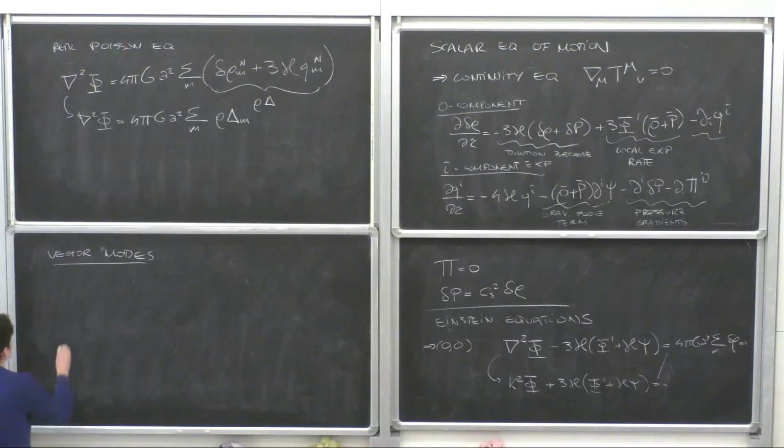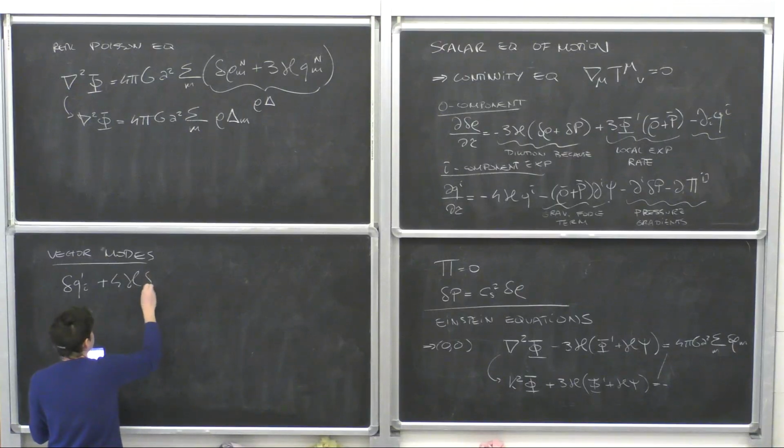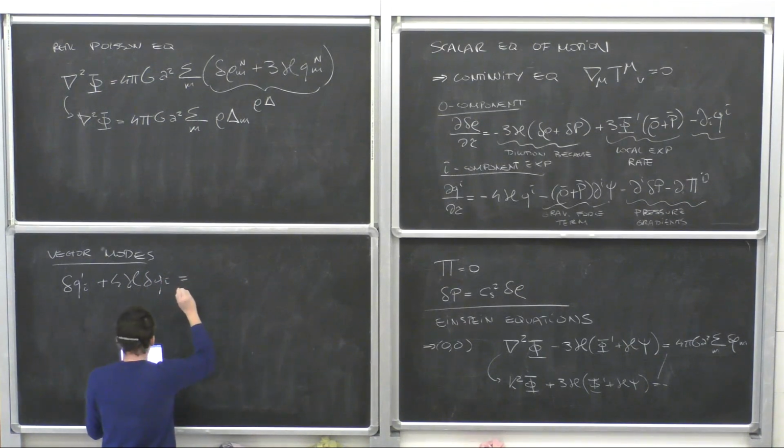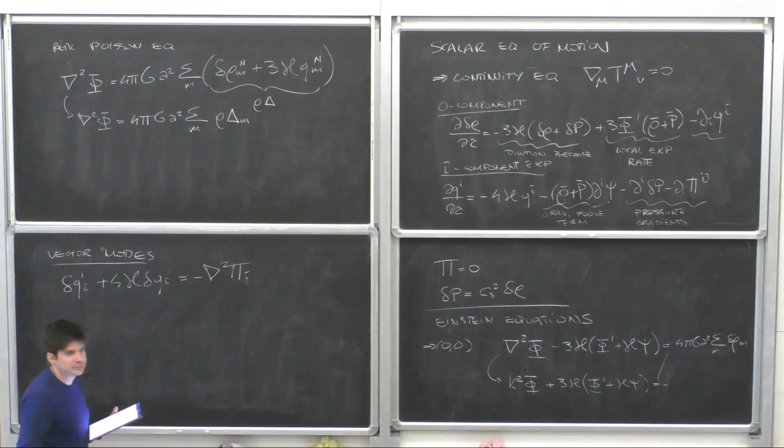Our fluid equation for momentum fluctuations has the usual dilution of momentum, and the interesting part is that this is coupled to gradients of anisotropic stresses.